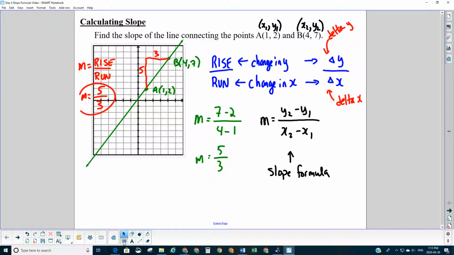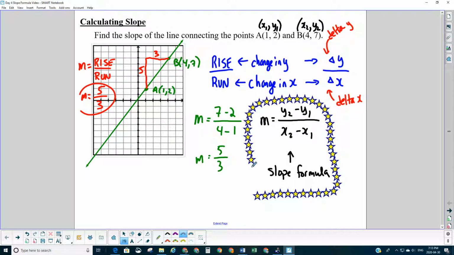The slope formula is this one, and this one and the Pythagorean theorem are the most important formulas you're going to learn in grade 9. So I'm going to put some stars around this. That's how important this formula is. We are going to use the slope formula for the next 2 units, at least 3 units even.